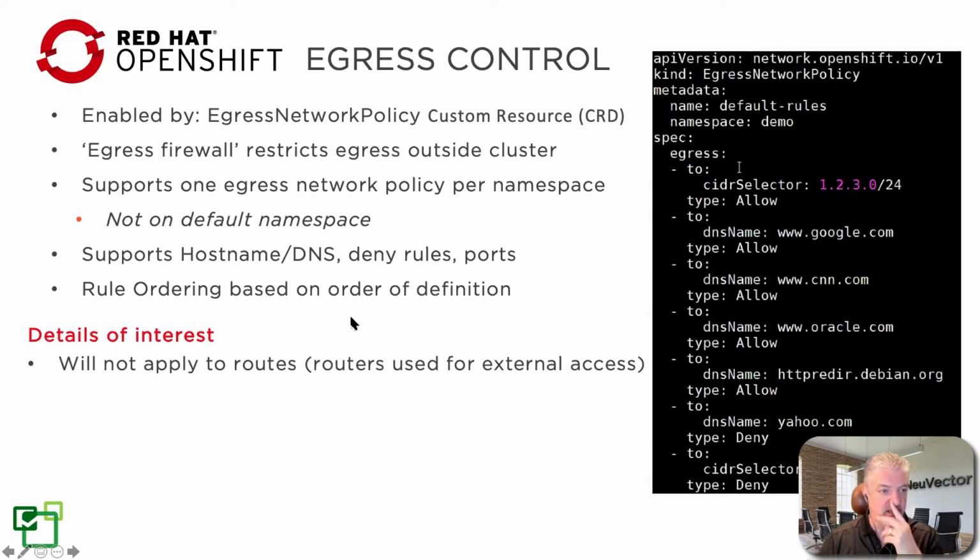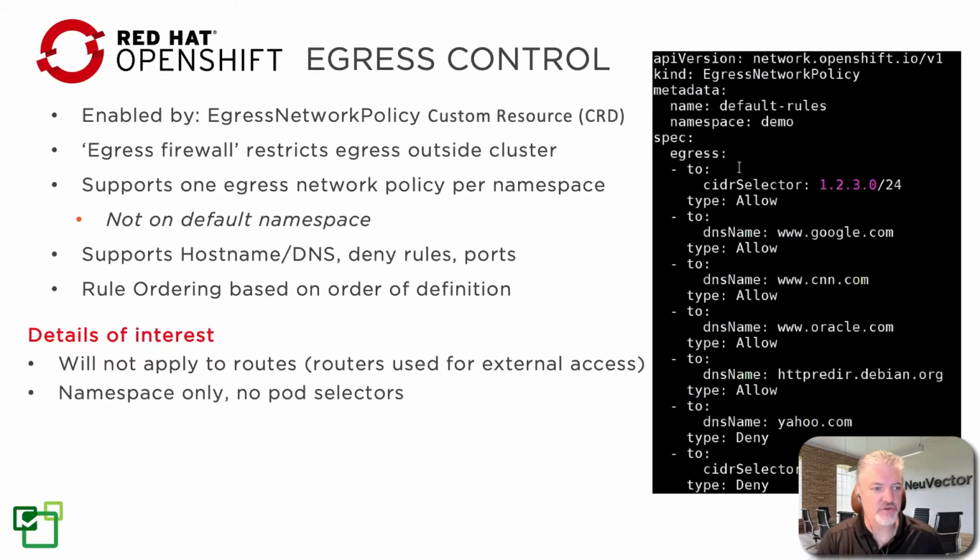A few notes on egress control with Red Hat OpenShift. This will not apply to routes. If you're using routes to send traffic from the namespace through the pod to the router, then the egress controls are not going to apply to those routes.